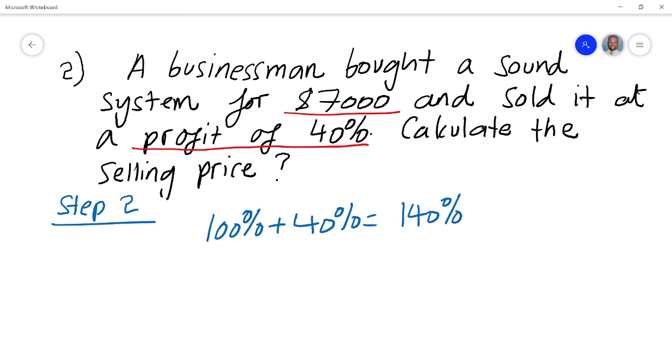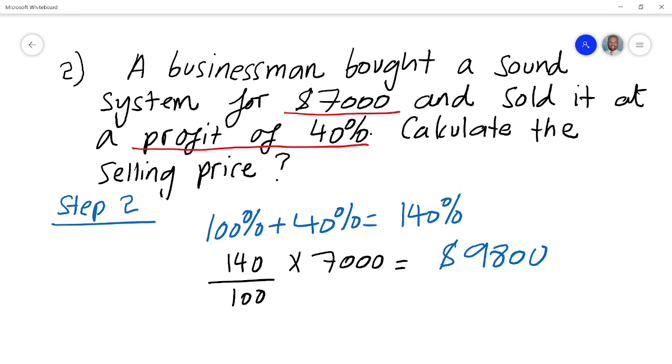So you're going to get 100% plus 40%, which is 140%. And then what you do from there is you go 140 divided by 100, because that's what 140% is, multiplied by 7,000, and you're going to get 9,800, just like what you got in the first step.